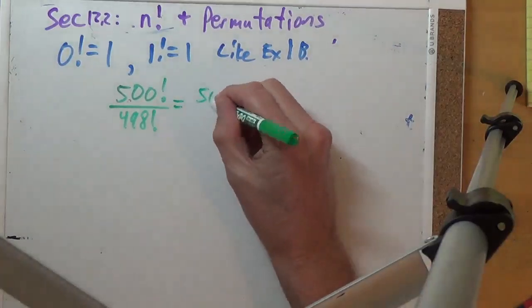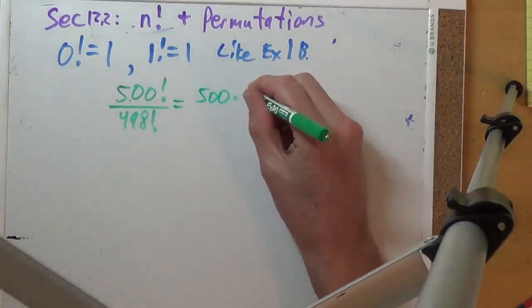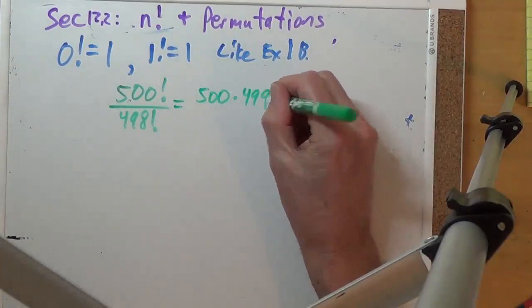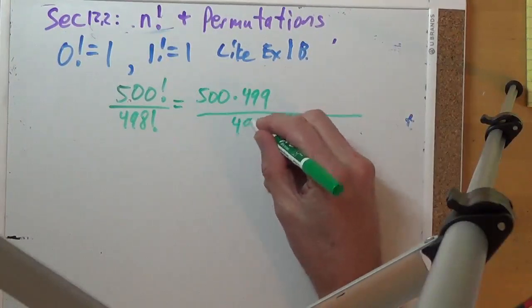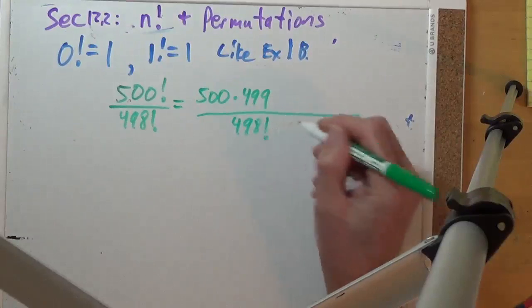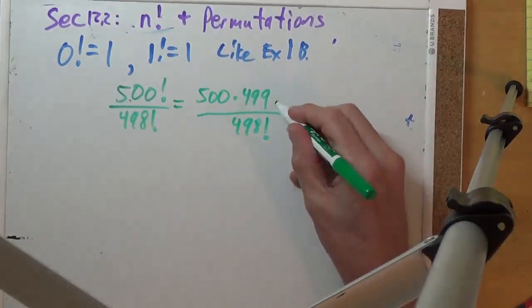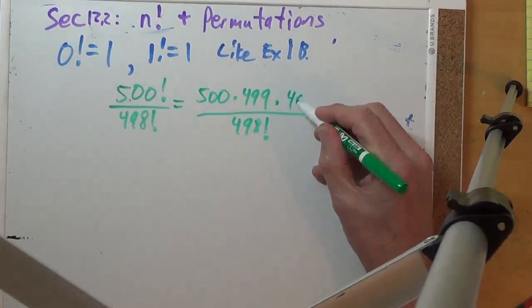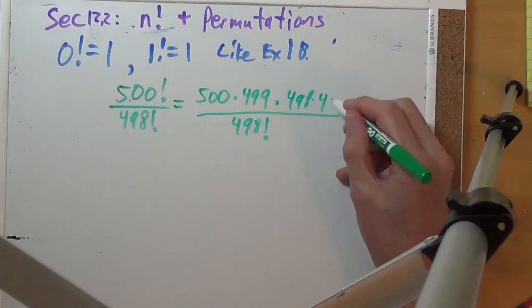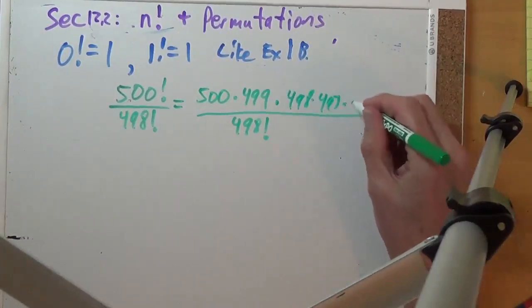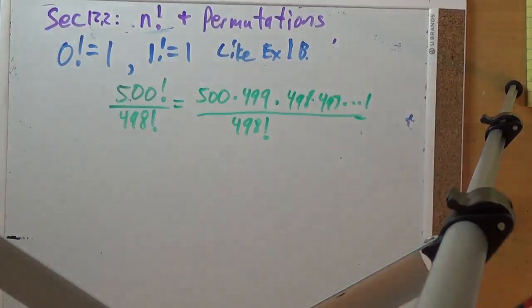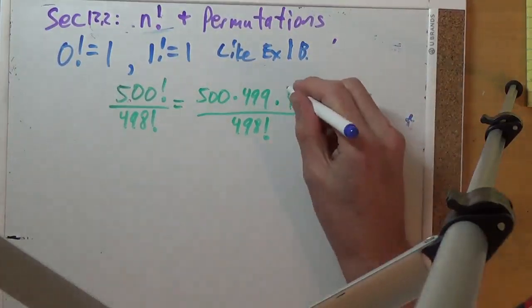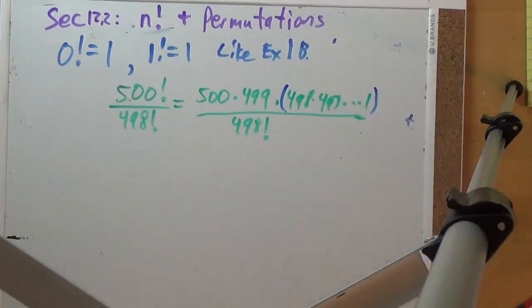I'm going to start listing out 500 factorial. I'll put the 498 in there. Okay, so what comes next? 498 times 497, all the way down to 1. Well, what's this in parentheses?